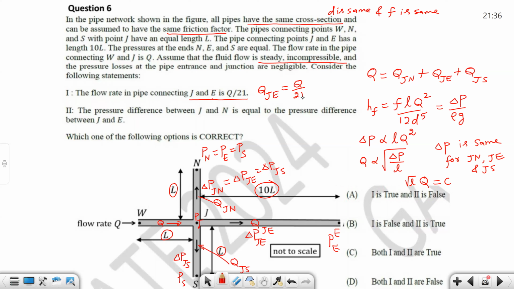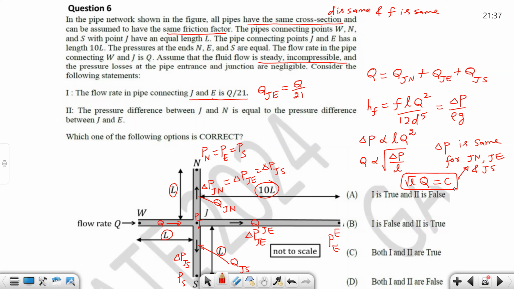So what we can understand from here is that this equation is valid for these three pipes, JN, JE, and JS.